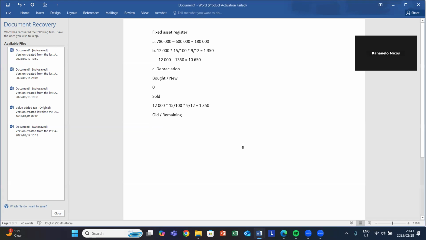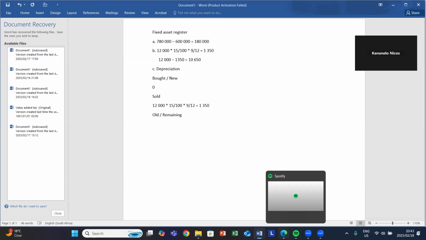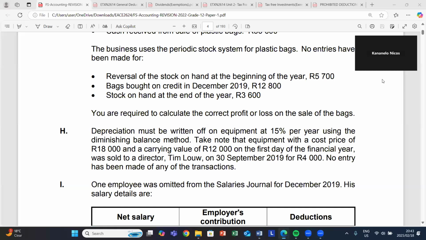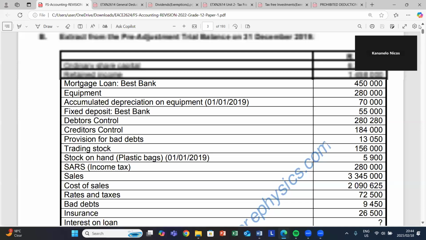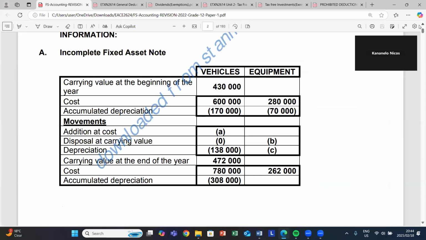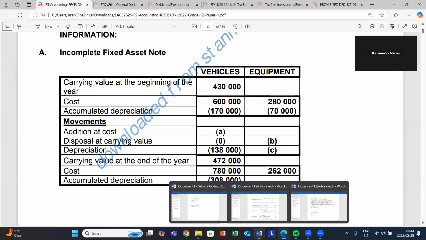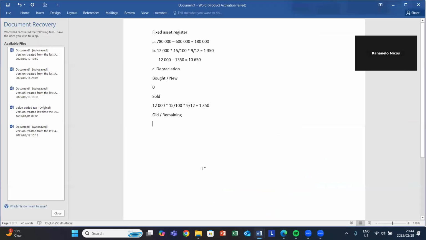So let us check our cost price at the beginning of the year. For us to complete that one, let us go to our fixed asset register. At the beginning of the year, the equipment had a cost price of 280,000.